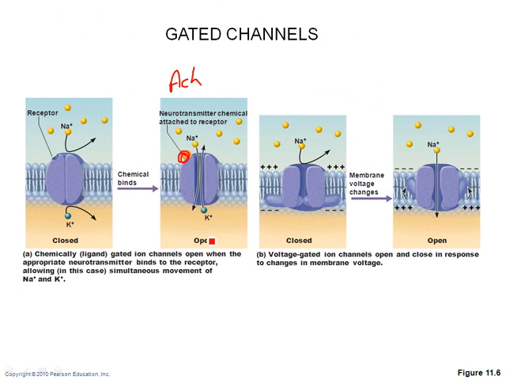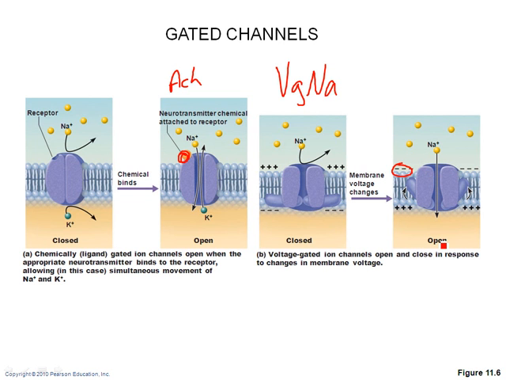If it's a voltage gated channel, this is a voltage gated sodium channel. You see the membrane potential. It's closed, nothing's happening, no sodium is able to pass. The voltage changes, there's a shape change, the channel opens and sodium can then enter. So you have ligand gated or voltage gated channels.